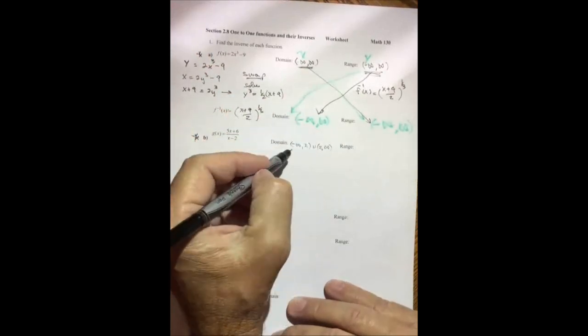Well, that's a little difficult to see, isn't it? In fact, that's going to be pretty hard to answer with what we know in section 2.8. But let's just do this. Suppose x is 0, and 0 is okay, isn't it?